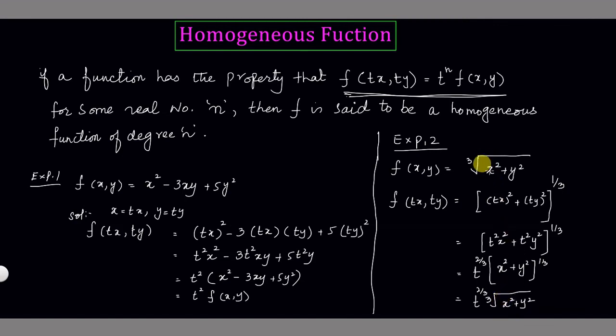When the original function comes back after taking t common, the given function is a homogeneous function, and the power of t is the degree of that function. So the degree of this function is 2 by 3.